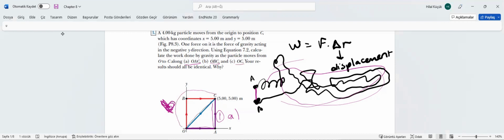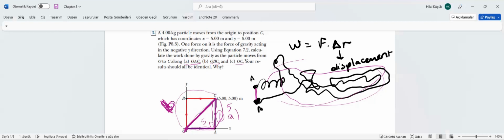What's the displacement? Okay, I start from O and my last point is C. So I have to take this part. You can see I start from O and then go to C. My displacement will be that part. I know this part is 5 and this part is 5.